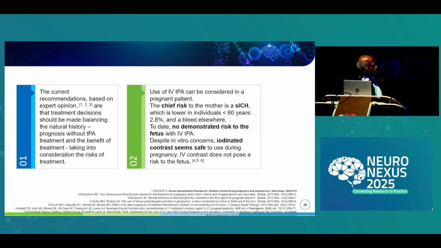The chief risk to the mother is symptomatic intracerebral hemorrhage, which is lower in individuals less than 60 years, to the tune of 2.8%, and can bleed elsewhere, which can be managed. To date, no demonstrated risk to the fetus, and iodinated contrast seems safe even in pregnancy, though it is supposed to be a CAT-C drug as of now.